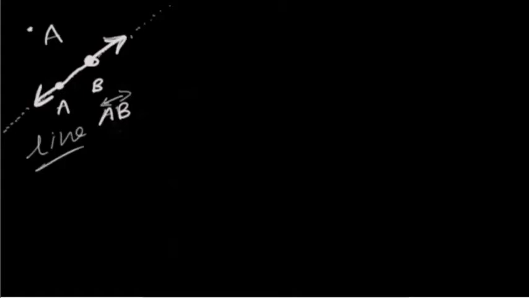Now, there's another type of geometric figure that's very similar to a line, but it's not quite the same. I'm going to draw it for you and see if you can figure out how it's different. So we'll start with a point right here, and then we're going to keep going like this. Now you notice that's a little bit different, but it's also pretty similar to the line AB that we just drew.